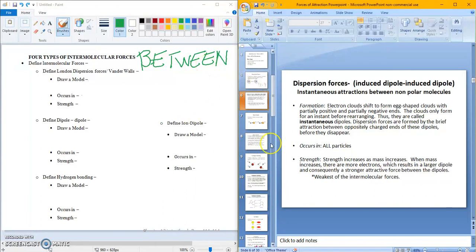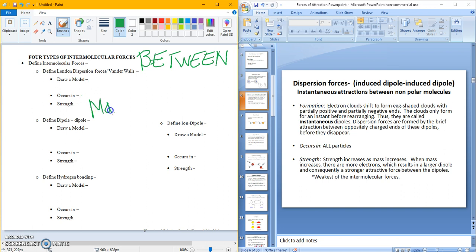Okay? And because they are instantaneous, because they don't actually have a charge or an attraction, we call these our weakest intermolecular forces. So thinking about our strength, as the mass increases, what's going to happen to the strength?